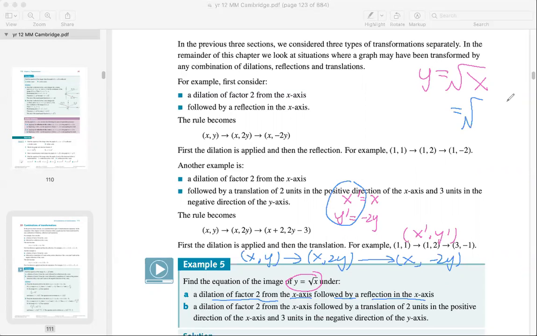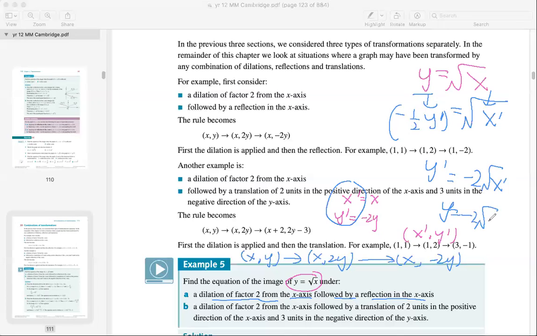So we plug in x dash, and for y we plug in negative half y dash. So my y dash will be, just substitute, negative 2 x dash. So at the end of it, we just get rid of the dash. So just y equals negative 2 times square root of x.